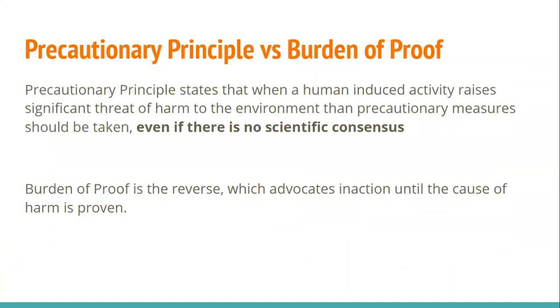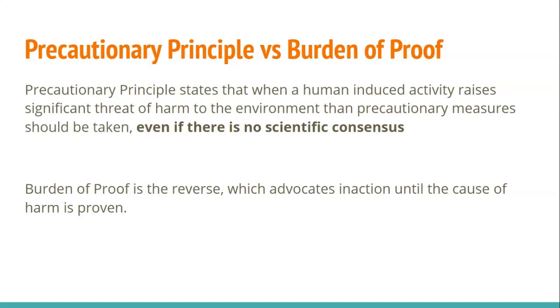Okay, this is the last big piece that I'm going to talk about: these two ideas, the precautionary principle versus the burden of proof. The precautionary principle is basically the idea that when a human-induced activity is starting to show a threat, you need to take measures even if there is not a scientific consensus.